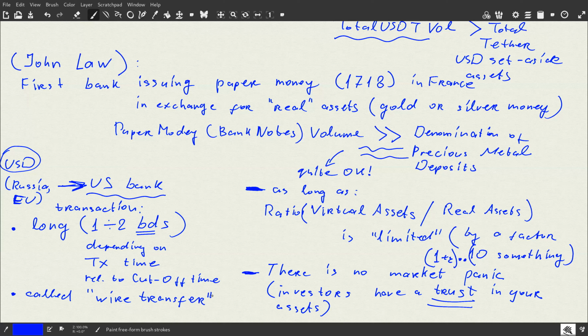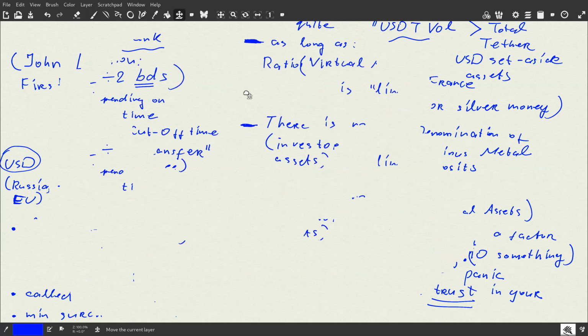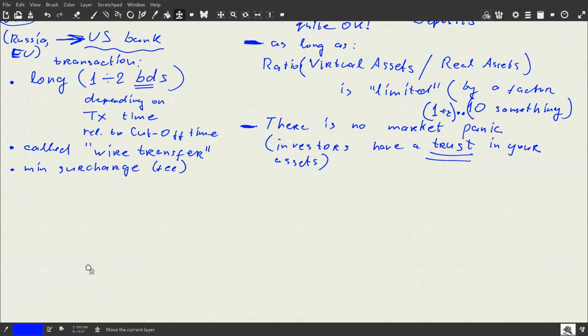And prepare for no good in this case, because there is a minimum surcharge for a wire transfer. A fee. And you know how big it is? A fee for a USD wire transfer is big.